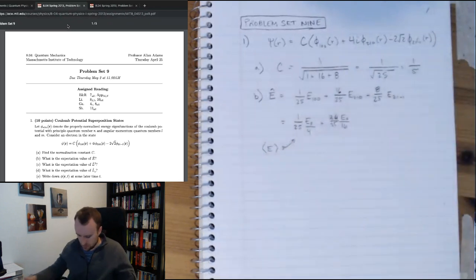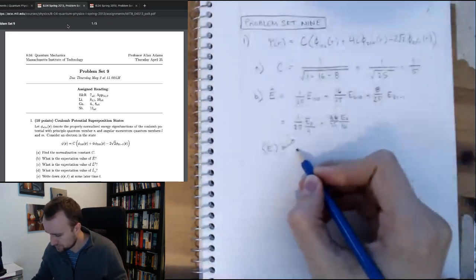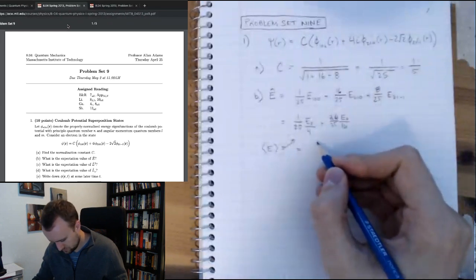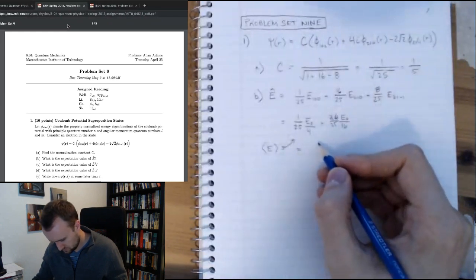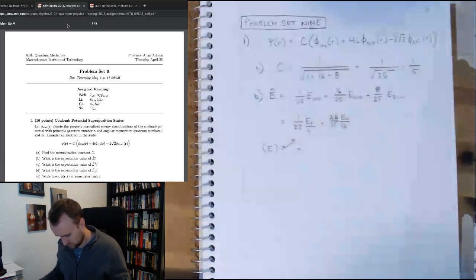But I don't know what the E naught is. Oh, here we have it here. So it's equal to, no, that was just our dimensional analysis.